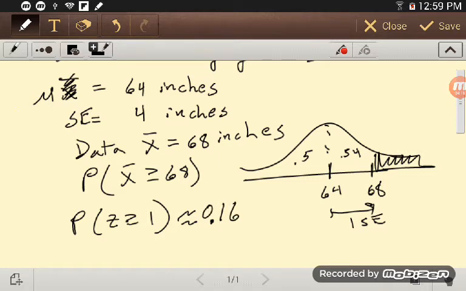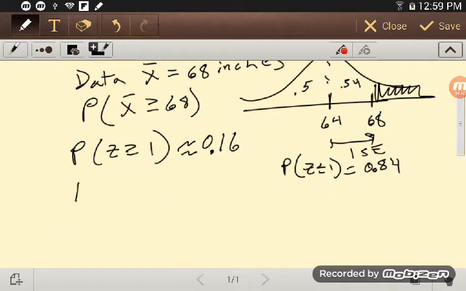I can look it up in the table and check, but what I should find is that in the table, the probability that z is less than or equal to 1 should be about 0.84, and then to get the probability that z is greater than or equal to 1, I take 1 minus the probability that z is less than or equal to 1, and I get 1 minus 0.84, which is 0.16.